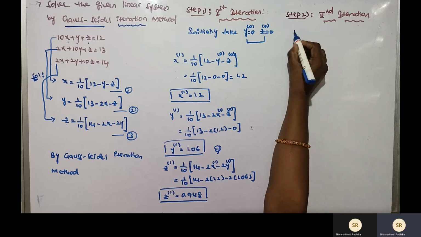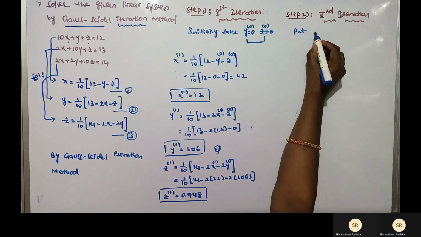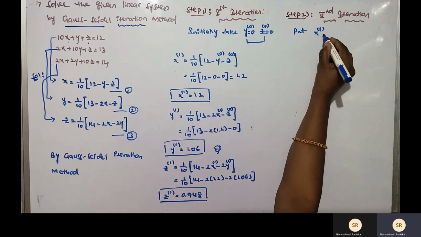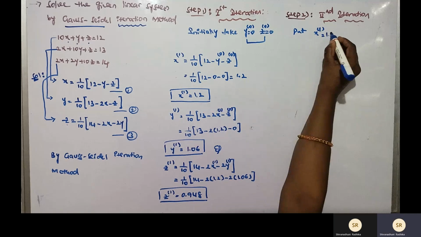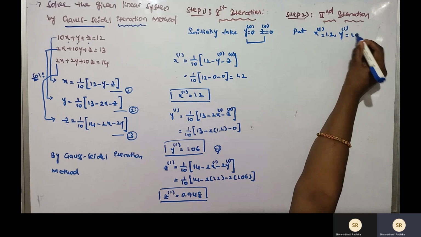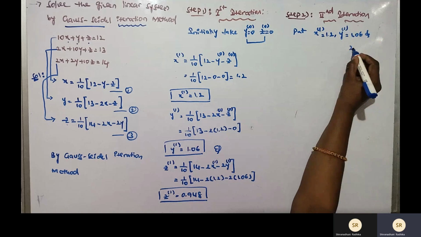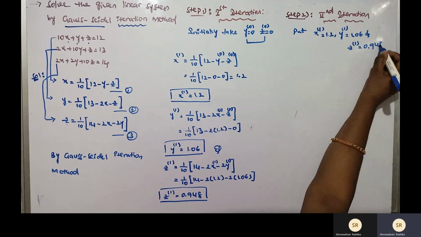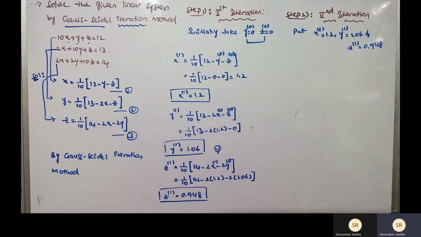Now put the values: x1 is 1.2, y1 is 1.06, and z first approximation is 0.948. These values we have to substitute in the coming approximation.